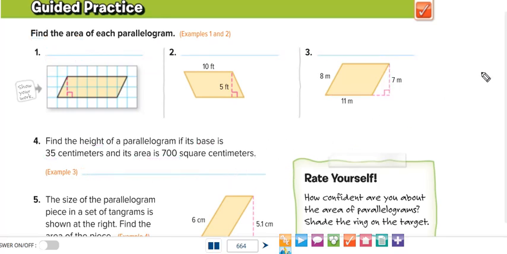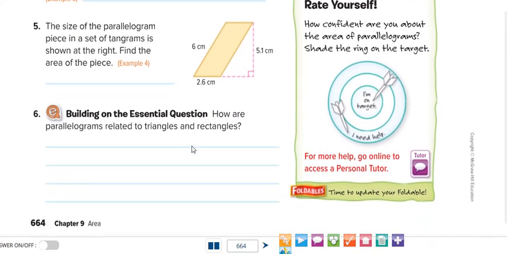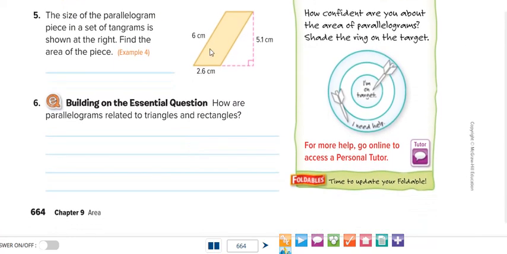Now let's discuss problem 5 together. The size of the parallelogram piece in a set of tangrams is shown at the right. It means you are given the dimensions.